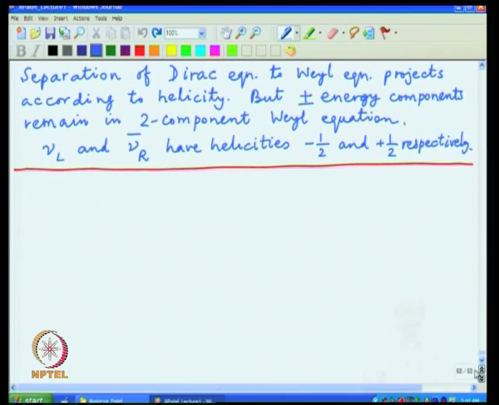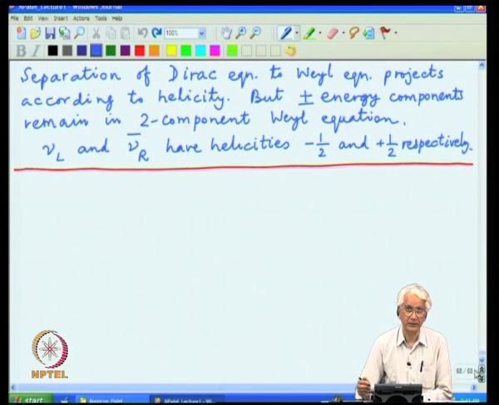Now, before going further, I would like to explain a few more properties of these Weyl fermions.